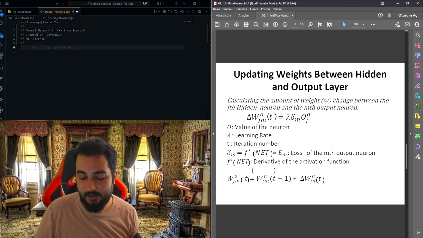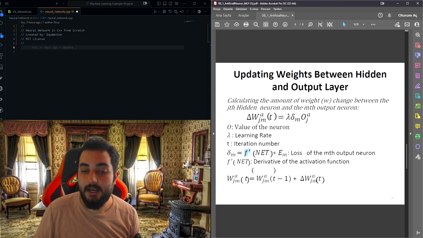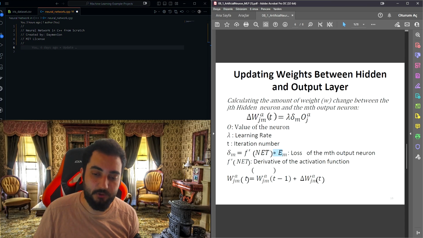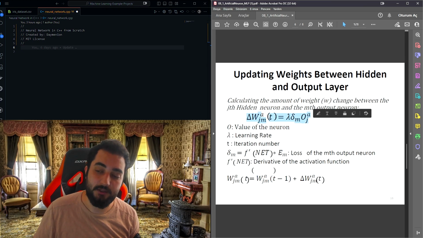I find the loss of the output neuron using the derivative of the activation function, multiplied by the error of the output neuron. And finally, we get the weight from G to M at the current value of this weight plus the changing amount of this neuron.